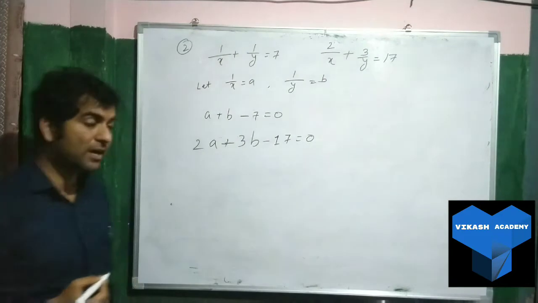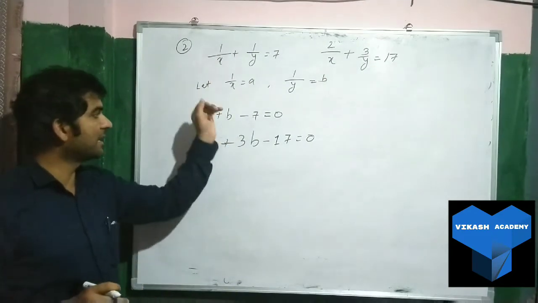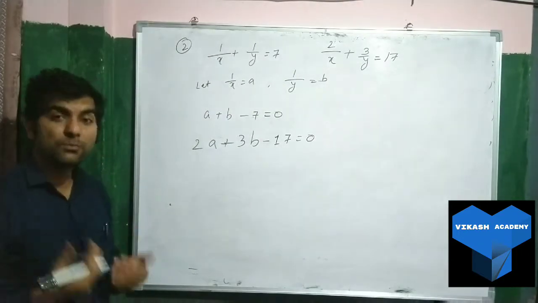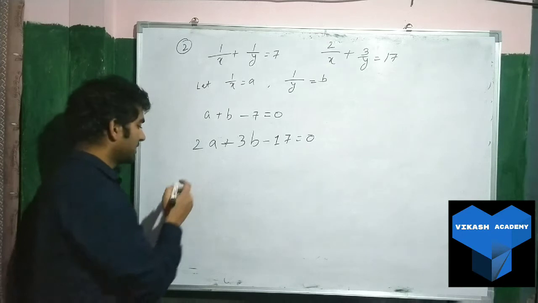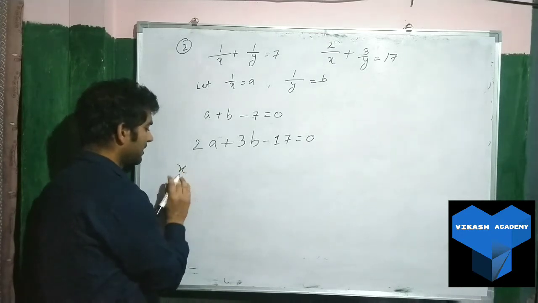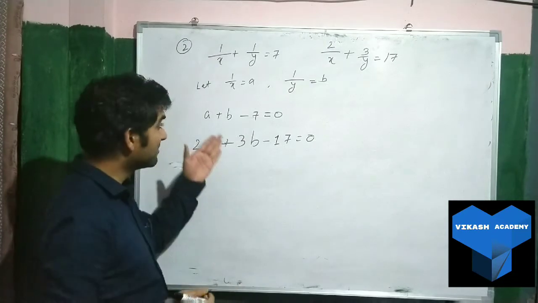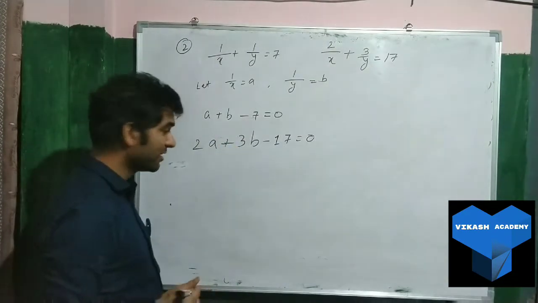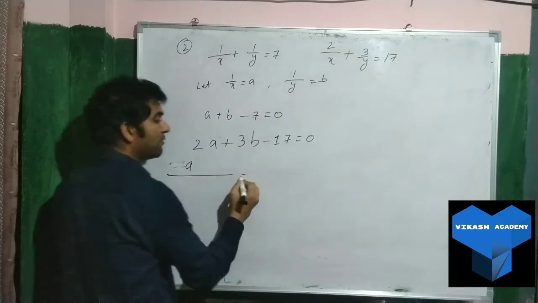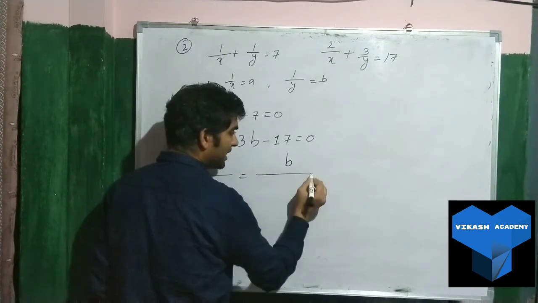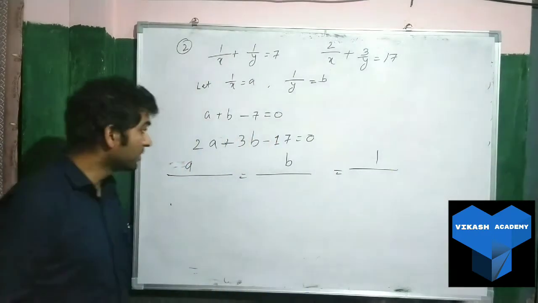Okay. Now let us find out the value of x, y here or a, b. First we will find a, b, then we will reach to x, y. So how we can write here? We will write same method, but here at place of x, y our variable has become a, b. We will write a by, then b by, then 1 by.